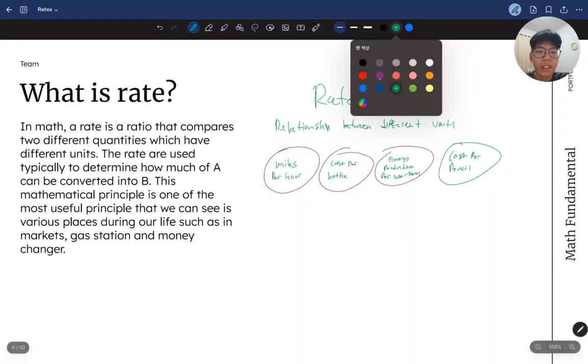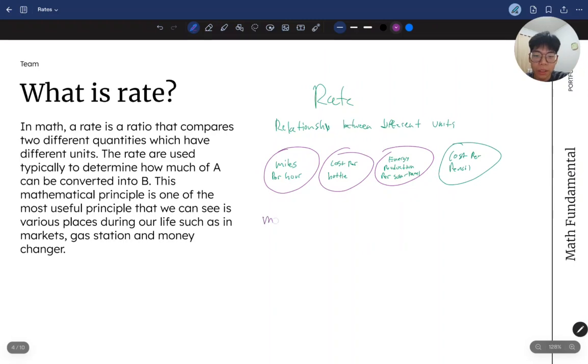Now we can see that these are all relationships with miles, which is basically distance, with time. Those are relationships connecting different units.